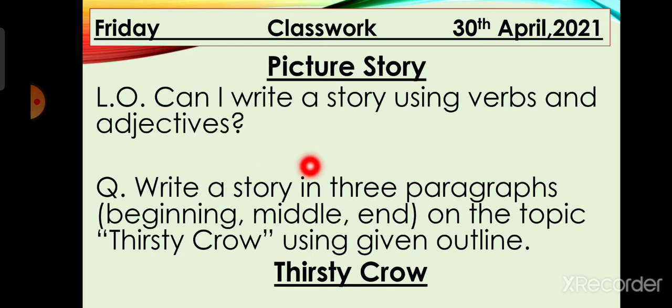Write a story in 3 paragraphs, beginning, middle, and end, on the topic Thirsty Crow using given outline. Then on the next line you will give the heading Thirsty Crow. Then you will start writing your story. Okay?